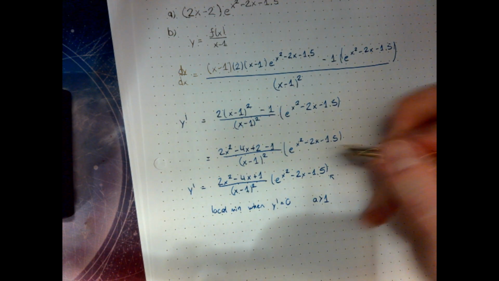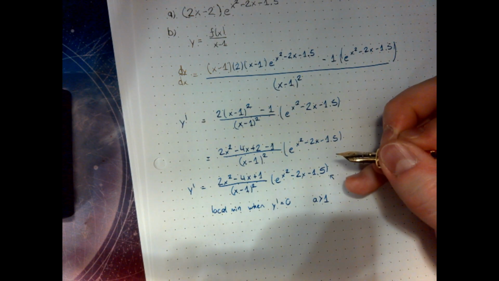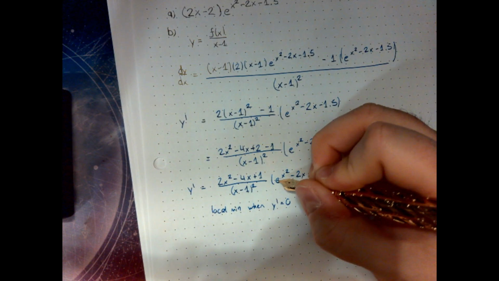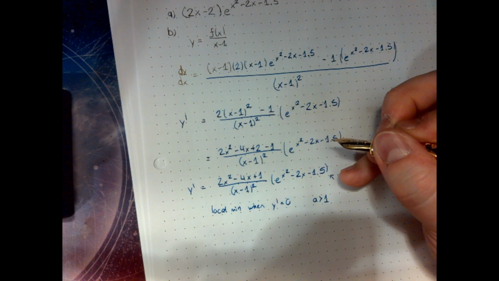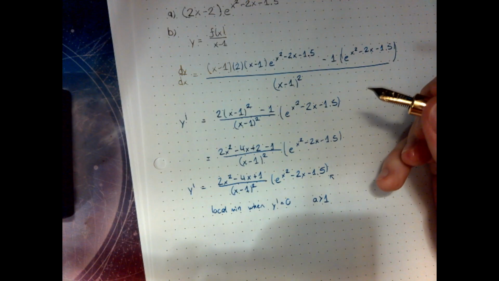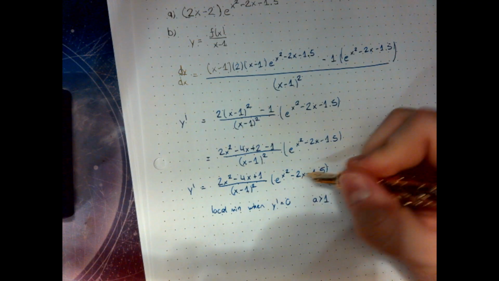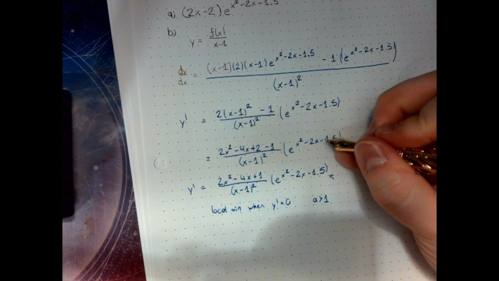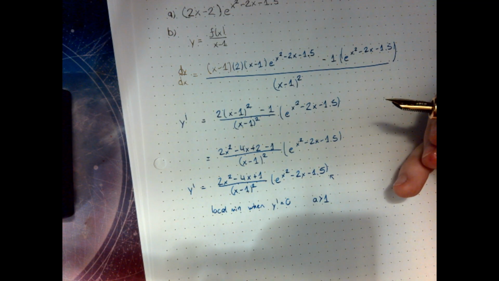Worst case scenario is either this gets ridiculously big, in which case it's not 0, or it becomes ridiculously small, or even 0 itself, and e to the power of 0 just gives me 1. So again, it can't produce a local minimum. And if it's negative, it's going to produce 1 over a very large number, so it'll give me a very small number, but again, it won't give me 0. So this is not a factor that I have to consider when I'm looking for my critical numbers.